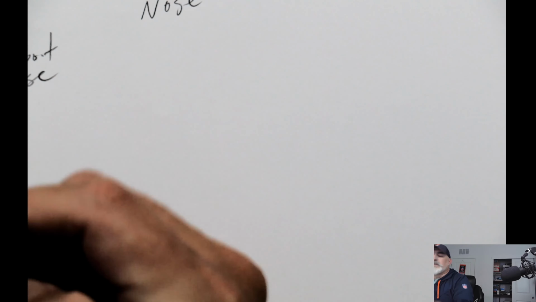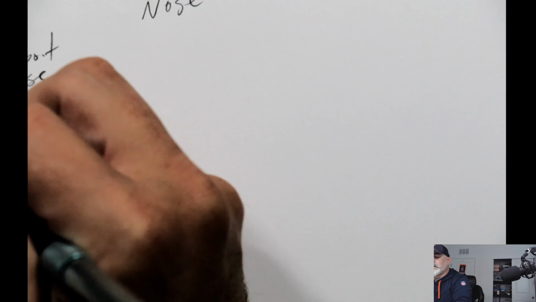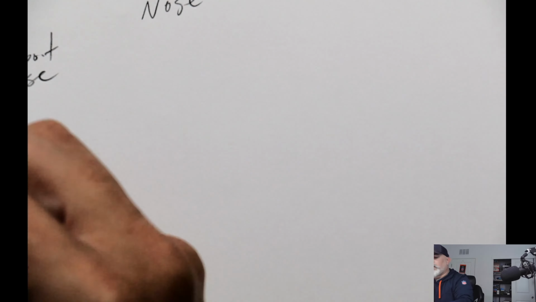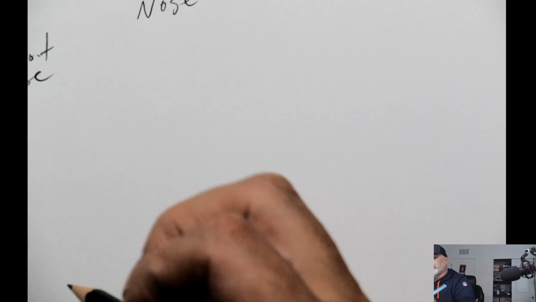And that leads us into the tip or the ball of our nose. And then we're going to look at the nostril. Okay, so all of these things make the nose, and we're also going to look a little bit at how it connects to the rest of our face.